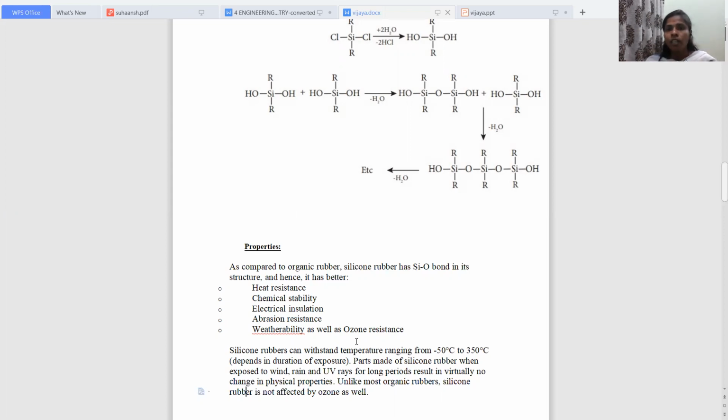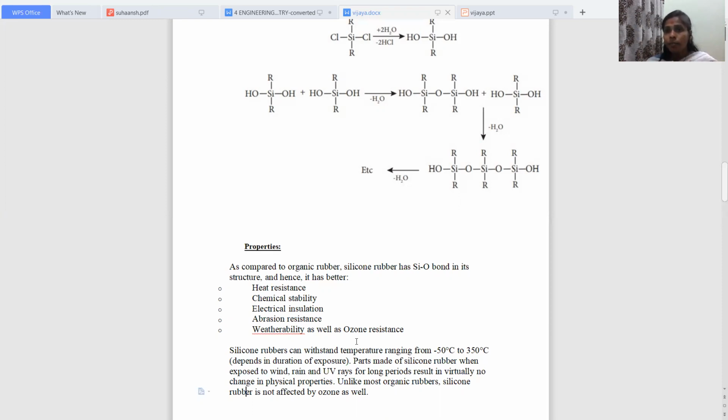So why are we not calling silicone rubber an organic polymer or organic rubber? Because it has an inorganic element, silicon. So it is one of the inorganic rubbers. It is not an organic rubber. And compared to the organic rubber, it has better physical properties: heat resistance, chemical stability, electrical insulation, abrasion resistance, weatherability, and ozone resistance.